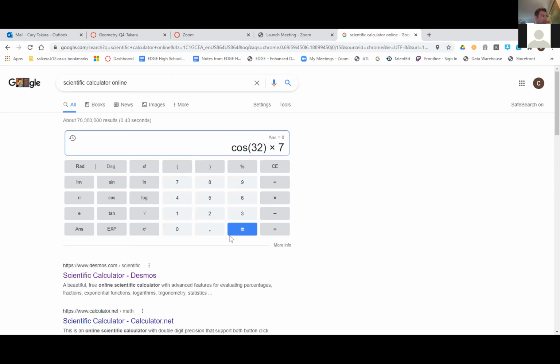You guys want to do that? And then press equal. Now I got 5.8. No, that's not good because right now radian is chosen. So if I press degree right here, now degree is highlighted. So you get 5.9.